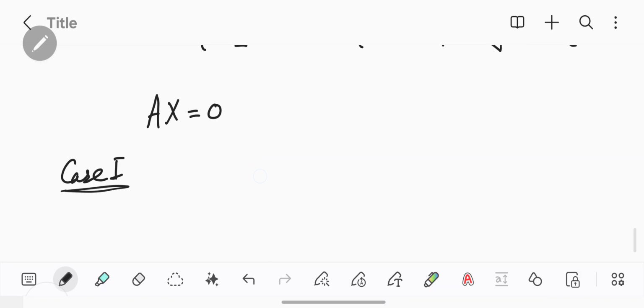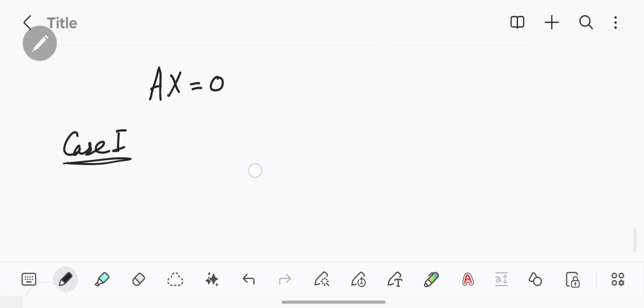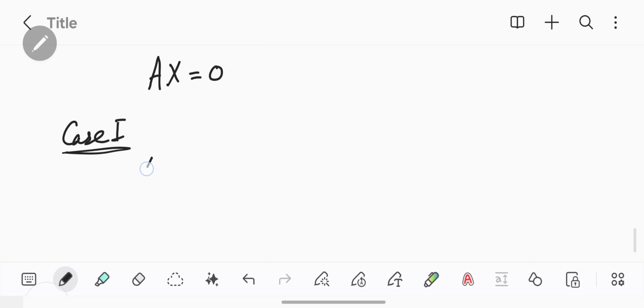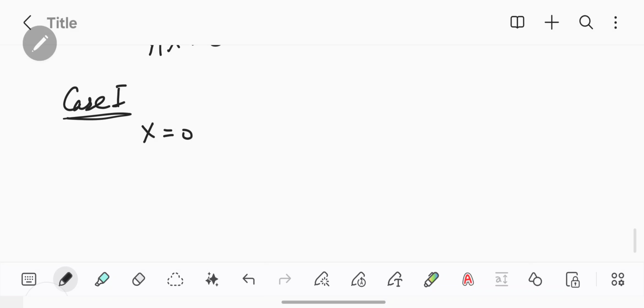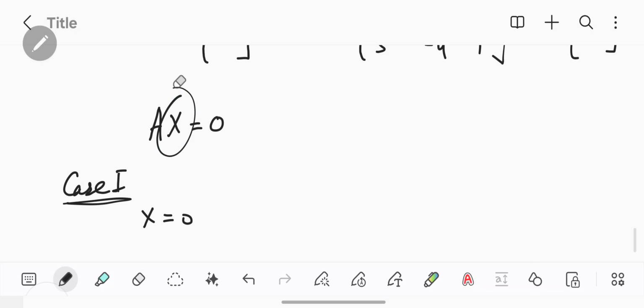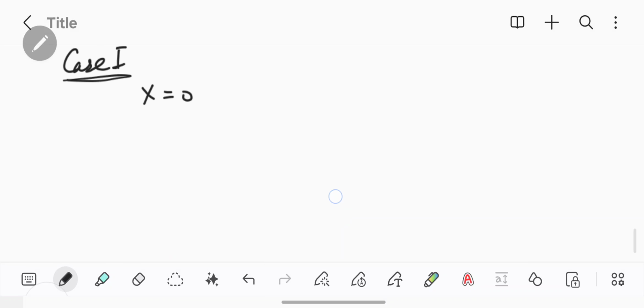Case 1 is x is 0, and case 2 is that x is not equal to 0. So these are the two possibilities.